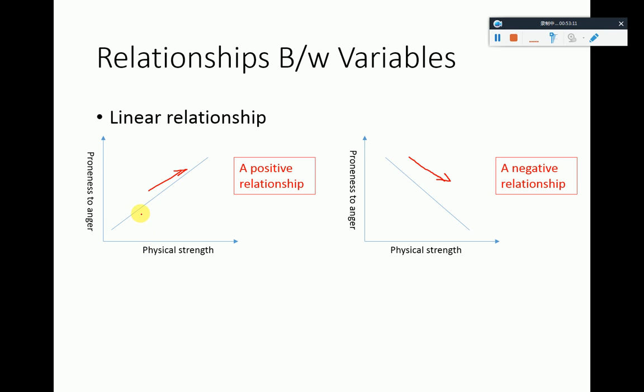again, right, we can have two points, point 1, point 2. So if you move from point 1 to point 2, essentially you're moving point 1's physical strength from here to here.